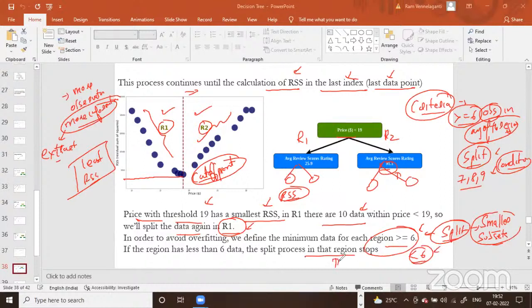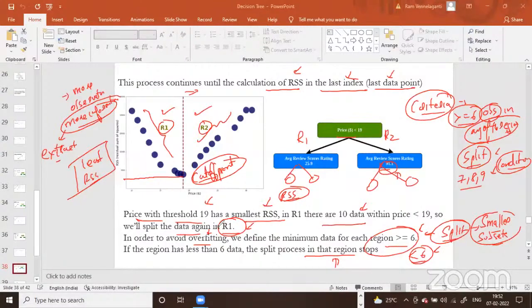Do not further split your region. If your region is having less than 6 observations, do not split it further, because it is going to overfit your data set. It is going to overlearn from your data set. Your decision tree is going to become very specific. You remember that concept we have discussed? So that is the problem what you are going to face.